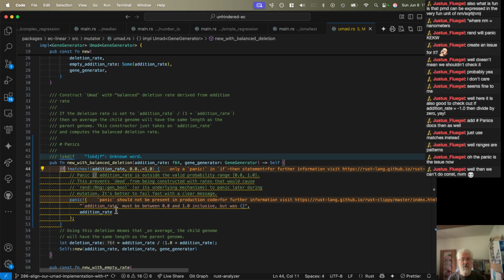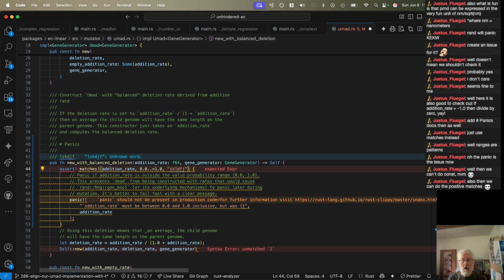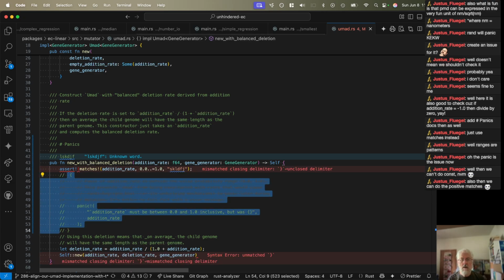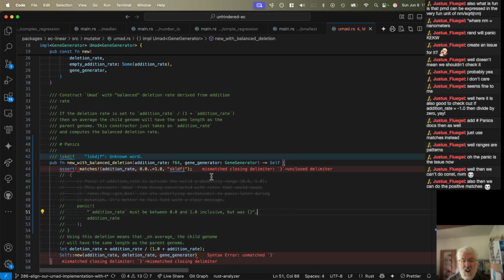So we assert that it does match, so we would do that instead of that. And what have I done? Right, so the assert gives us the positive, which is nice.